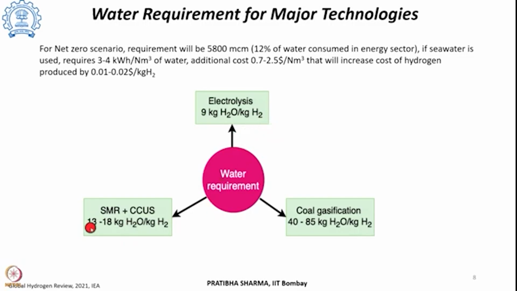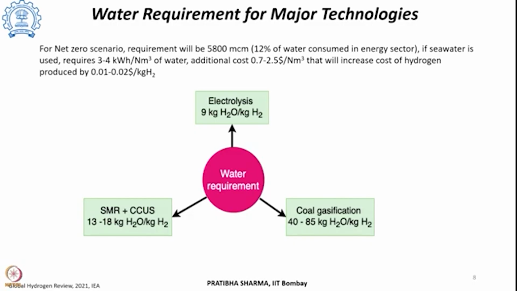When it is steam methane reforming integrated with CCUS, there is a requirement of 13 to 18 kg of water per kg of hydrogen produced. In coal gasification, depending upon the mining method, it varies from 40 to 85 kg of steam per kg of hydrogen. However, this requirement in the net zero scenario will be 5800 million cubic meters of water, which is 12% of the water consumed in the energy sector.